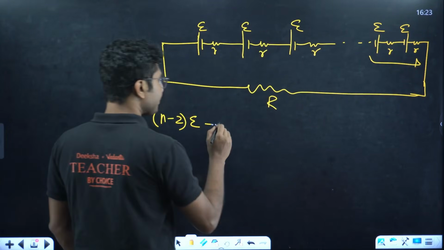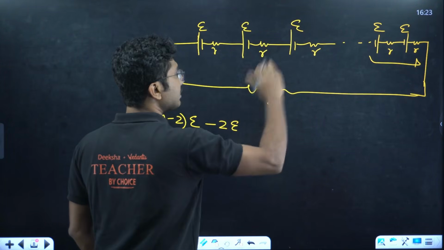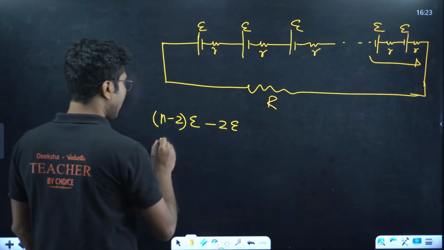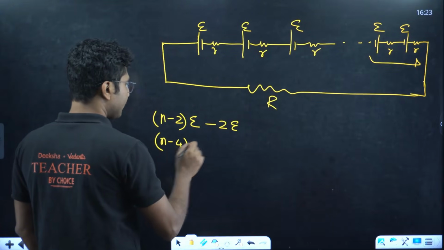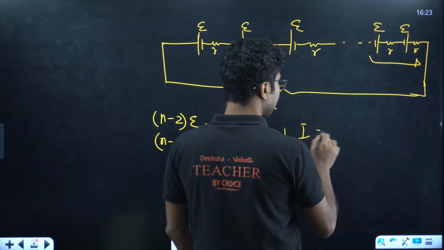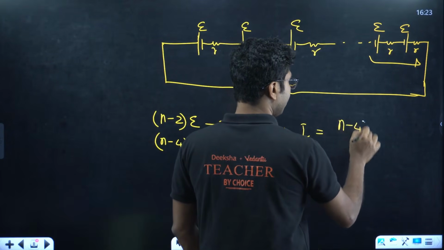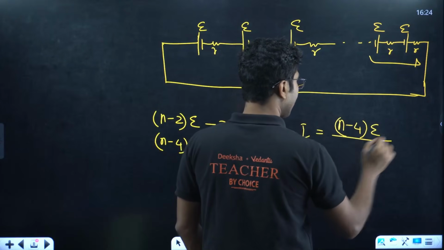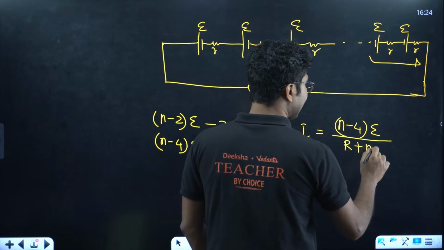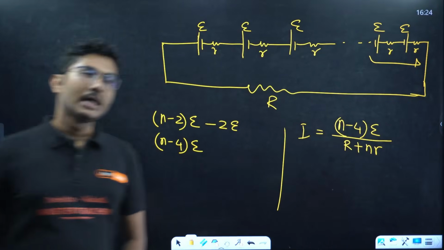So you have to subtract another 2 epsilon from it because they are reducing the overall voltage. That means it turns out to be N minus 4 epsilon, and the current becomes N minus 4 epsilon divided by R plus NR.